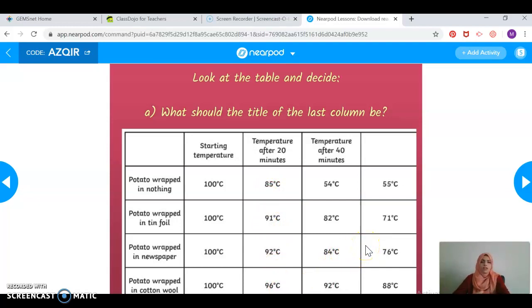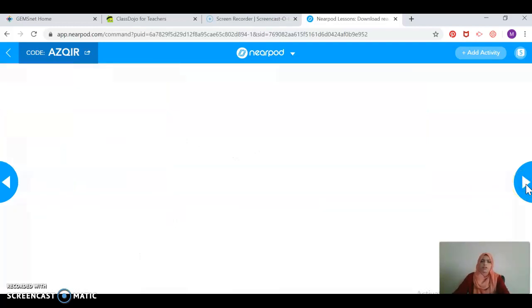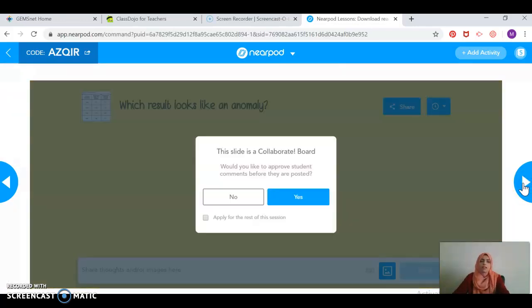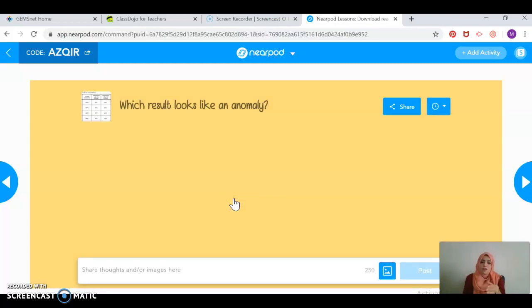Suddenly a number could be a wrong measurement, or written in a wrong way. So an anomaly is when it deviates from the normal pattern. You have to see which result is not following the pattern in the table, and write that number here.